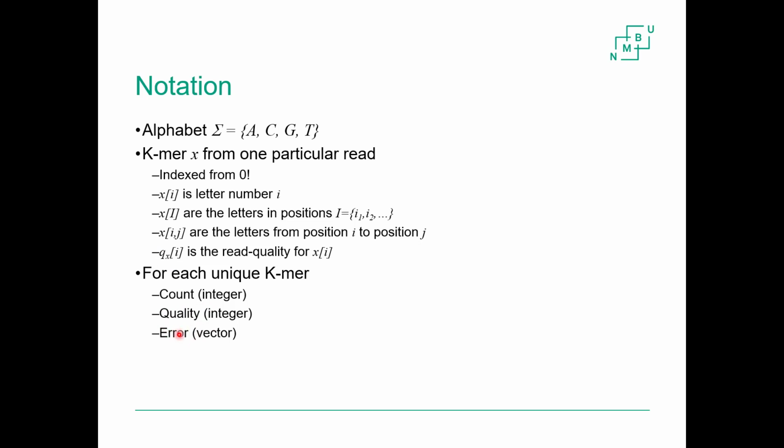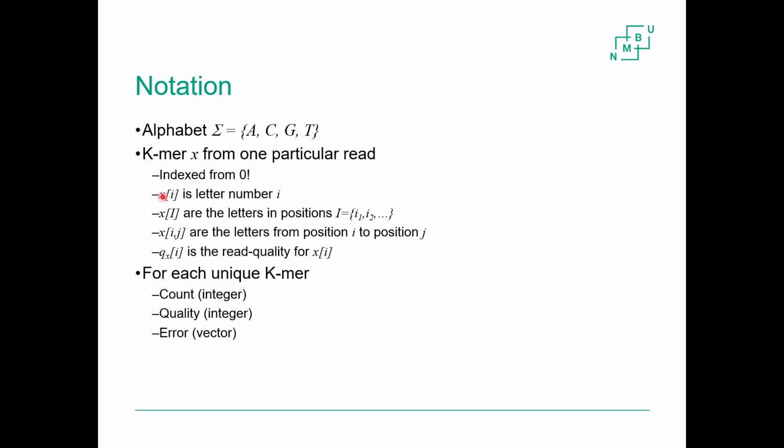And then the error vector, that's this one, the single elements for each symbol. But I have to say this part here is not actually used, as far as I can understand. It's not really used at all in the description of the algorithm.